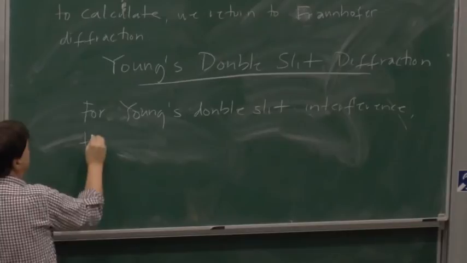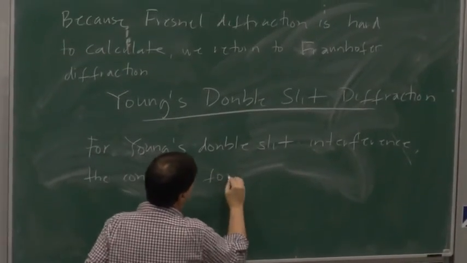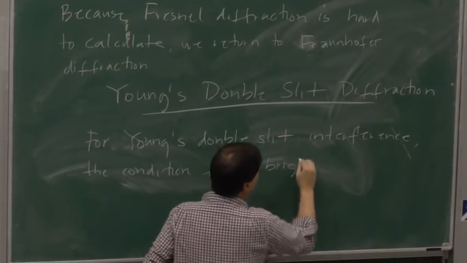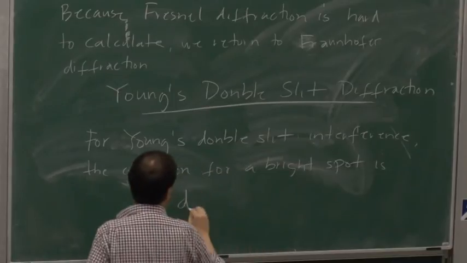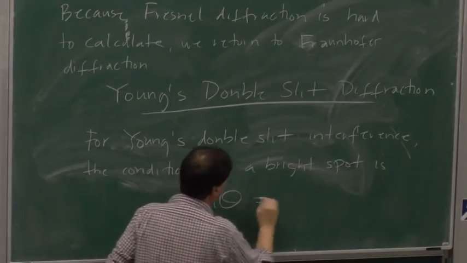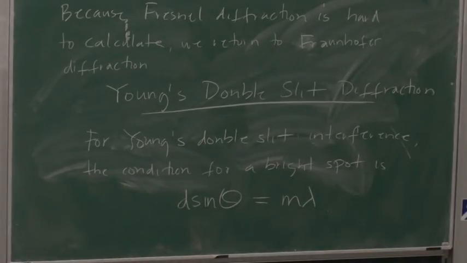The condition for a bright spot is d sine theta equals m lambda. Now we derived that specifically for the case where we had two infinitesimal point sources.